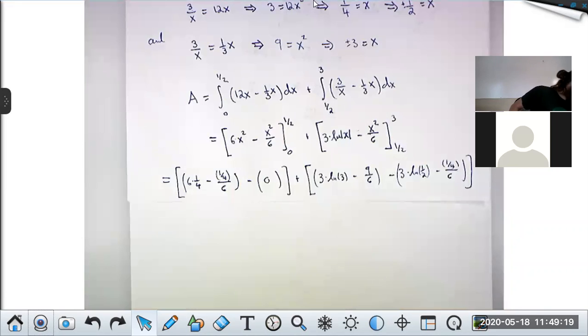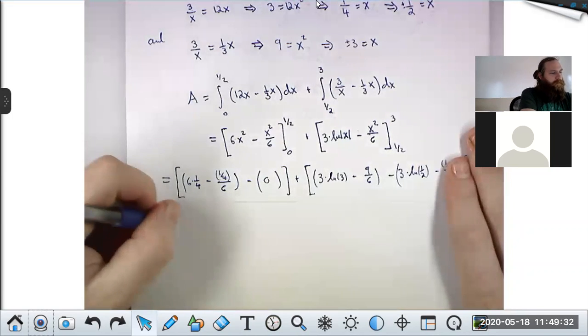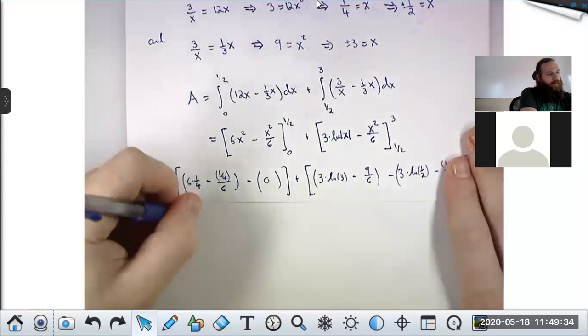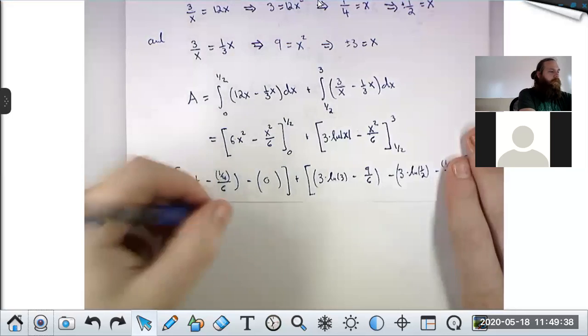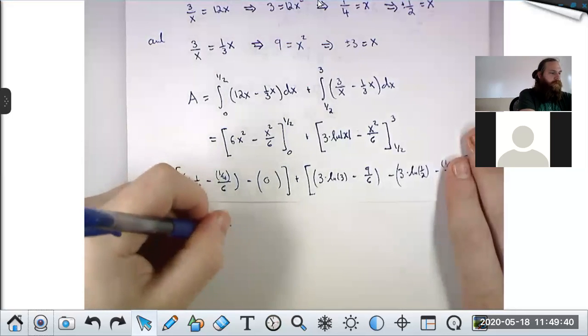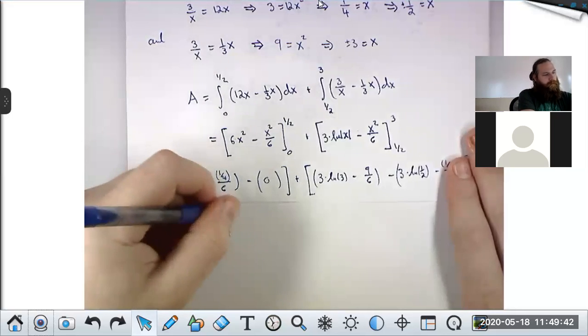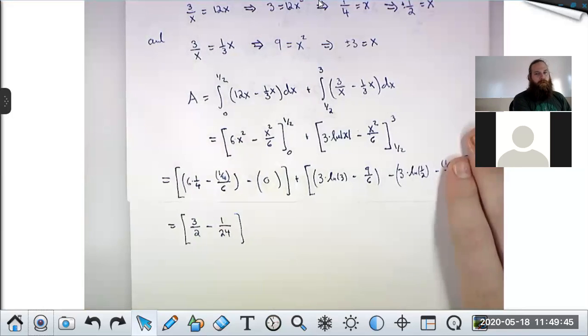Now, there's a lot of minus signs. We have to be careful that we don't get lost in the distribution of negatives. But as long as we go slow and we're careful, we'll be just fine. 6/4 is the same as 3/2. And 1/4 divided by 6 is the same as 1 over 24. So that's that first box.